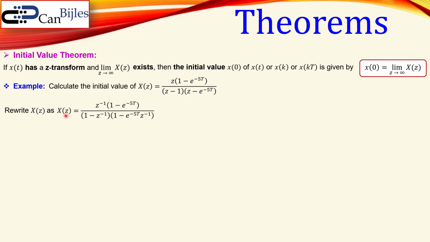Now if I look at this and apply this formula for my initial value, I can find it by looking at the z to the power minus 1, because it is 1 over z, and 1 over z means 0. So this is 0. But this part is also 0, only this one. So we get here 1 minus 0 times 1 minus again 0.